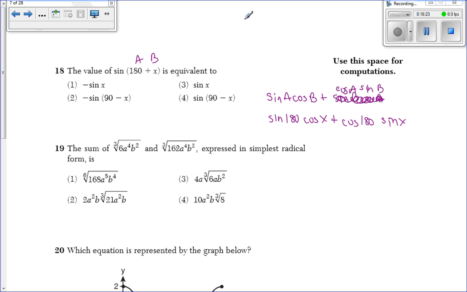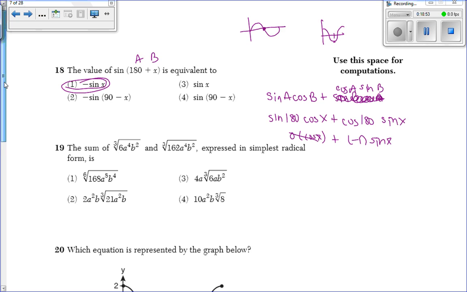Well, the sine of 180, sine looks like this. This is 180, halfway is 0. So 0 times cosine x plus, well, cosine term starts like this. Cosine of 180 is negative 1. So it's negative 1 times sine x. So this is going to cancel out. Negative sine x is the answer.